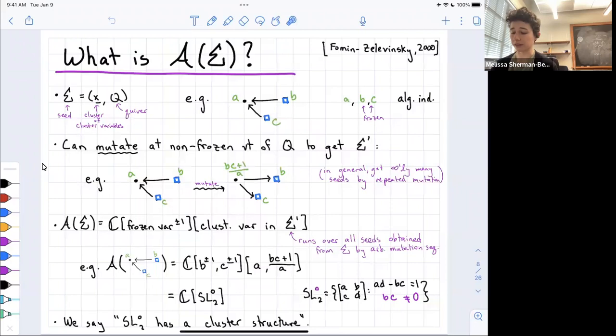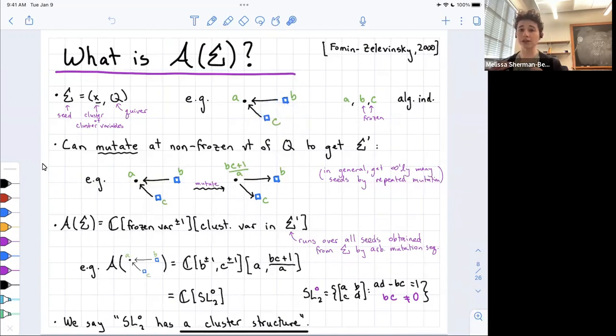It's important that the cluster consists of algebraically independent functions. There's also a small technical point, which is that some of the cluster variables are declared to be frozen. I'll denote those with these little ice cube, blue boxes, vertices of the quiver. So that means that B and C are frozen variables.